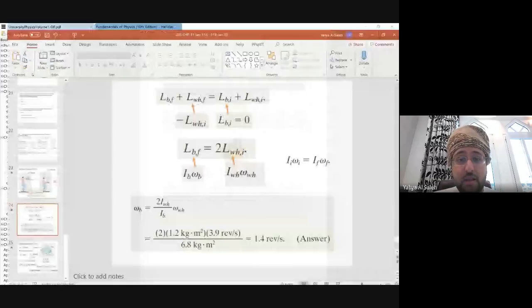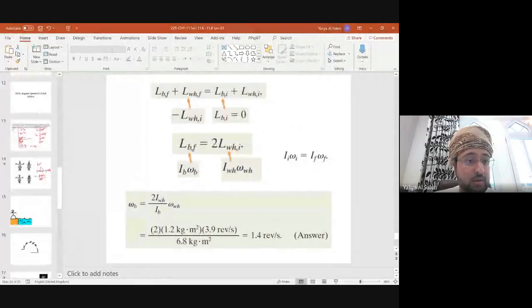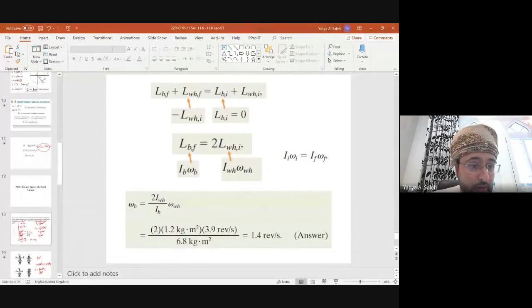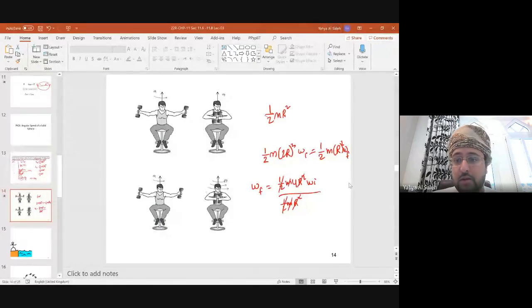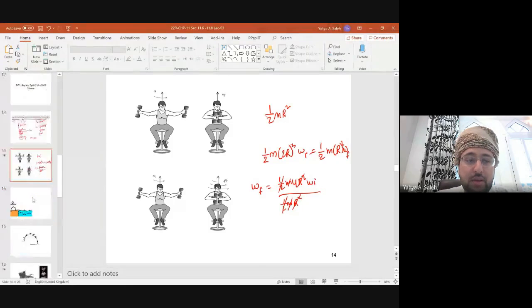So Azan, both of them increase. In both cases, the gym and the other guy, both of them increase. Look, the gym, final omega f equals 4 times omega i.